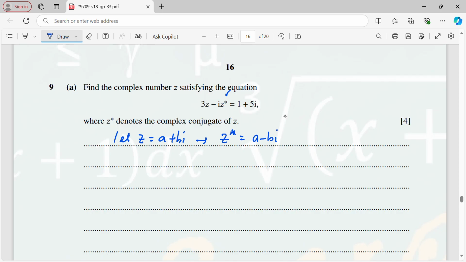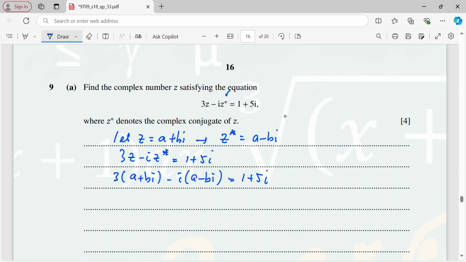So my equation becomes three times a plus bi minus i times a minus bi equals 1 plus 5i.